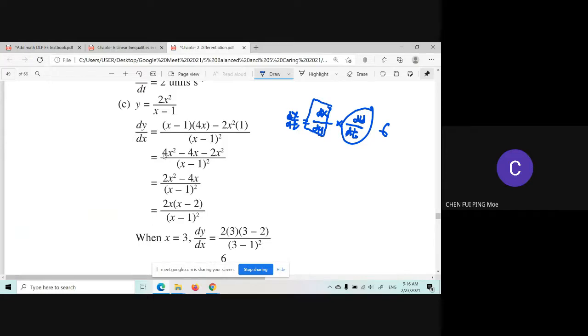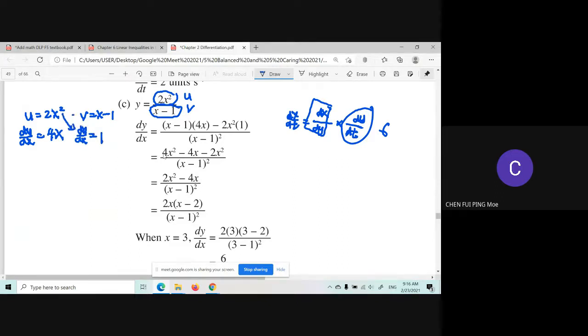This one, y equals to this. Obviously it is the quotient rule because I cannot separate anything. So this is u, this is v. Recall the quotient rule. u is 2x squared, v is x minus 1. So du/dx equals 2 times 2, 4, x copy, power minus 1 becomes 1. dv/dx getting 1.